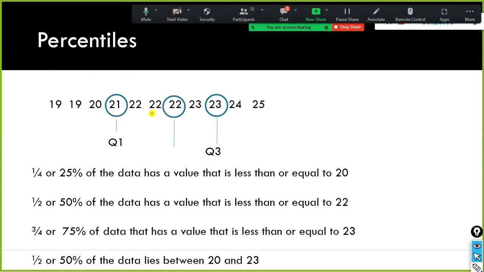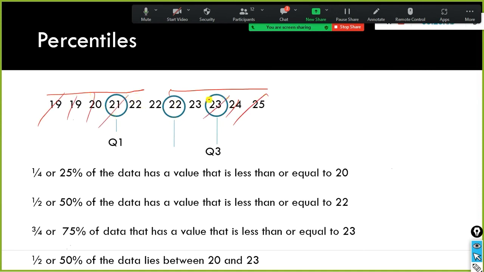On the left side 5 values and on the right side 5 values. So the middle one is the 22. On the left side, for example, I am comfortable with this one and this one.